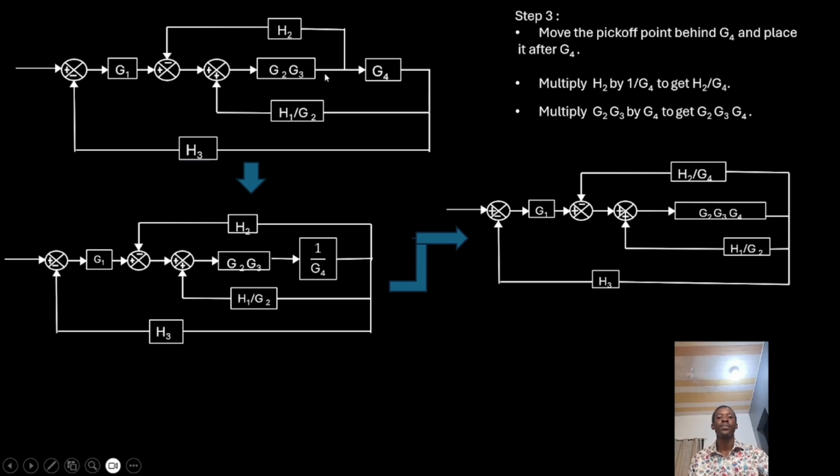So now we'll be multiplying G2G3 by G4, since the forward path gain will be changing along this particular path, thereby making it G2G3G4. In doing so, the feedback path remains equivalent. The block diagram becomes much simpler.